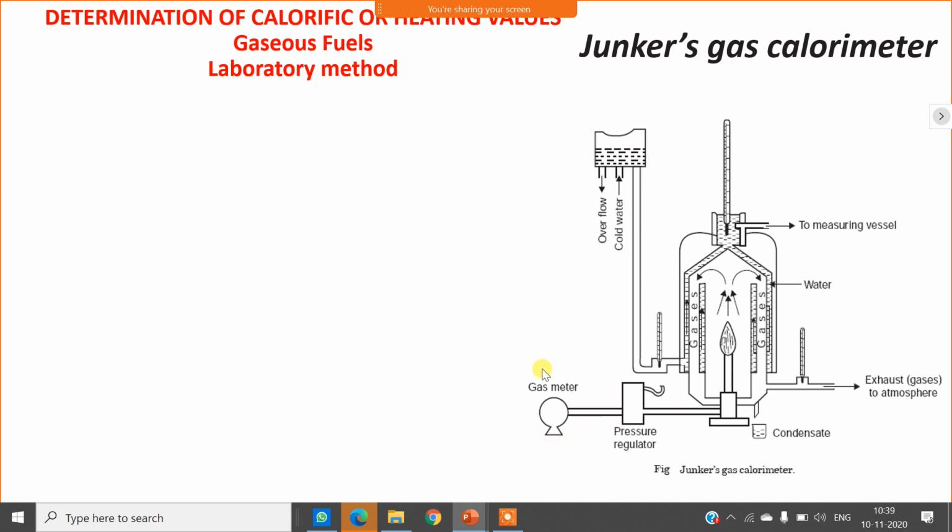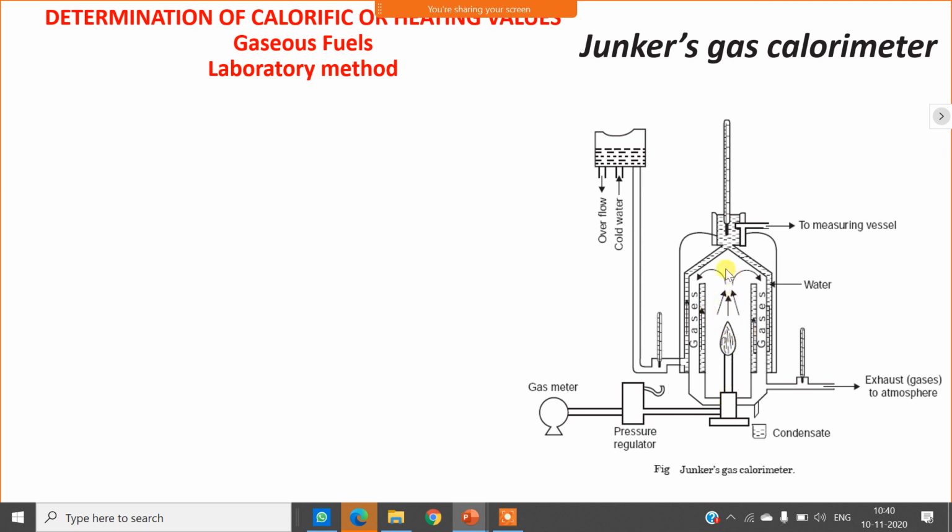Here the gas supplied is measured in terms of volume, and the quantity of water is measured in terms of mass, that is kg. Therefore the calorific value calculated will be given in terms of kilojoule per meter cube.